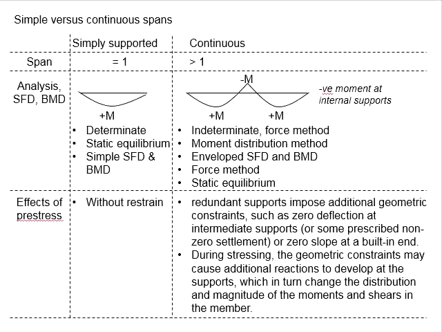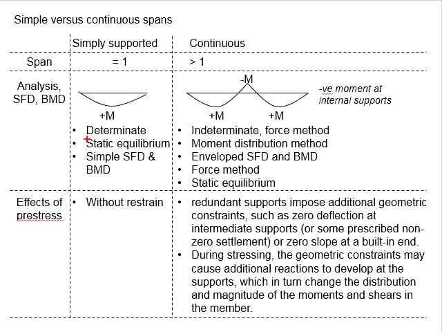First, we need to know the differences between the simply supported and continuous member. The simply supported members normally refer to one span, while the continuous members have more than one span. In terms of the analysis, shear force and bending moment diagram, the simply supported member is relatively easy.